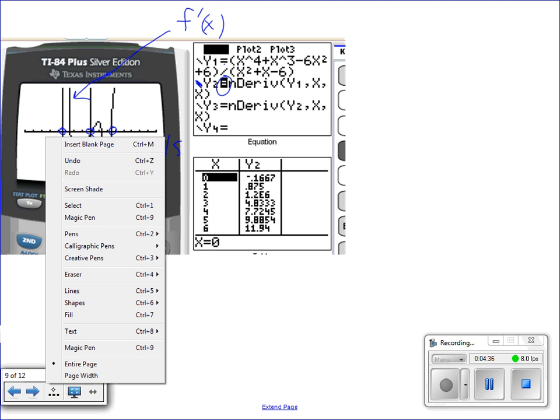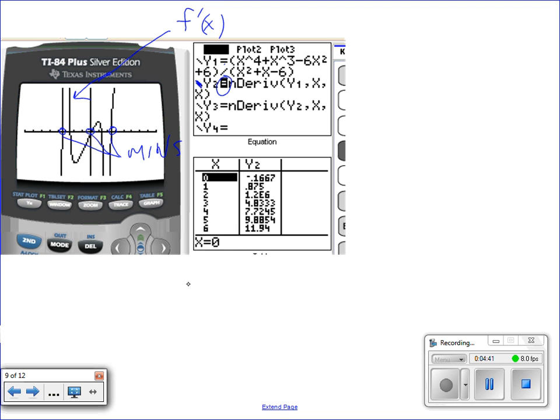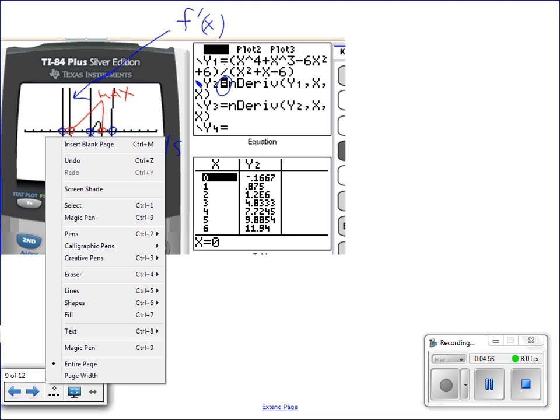Let's try to change up here. We'll go red for maxes. Look, the derivative goes from positive to negative. That must be a max. And that must be a max. Do you see anything else? By looking at the first derivative, we can also tell where the inflection points are.